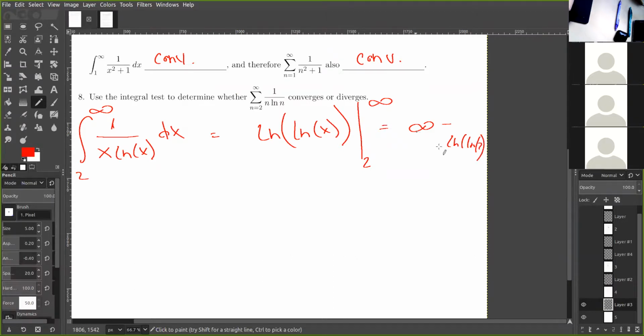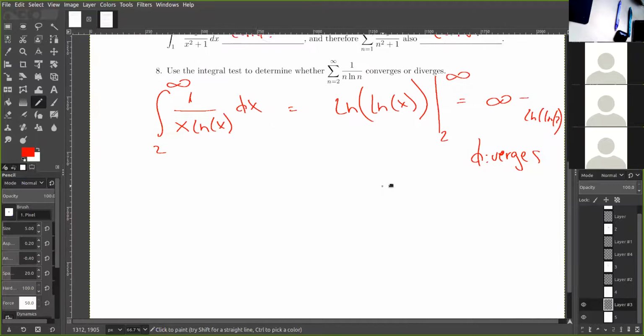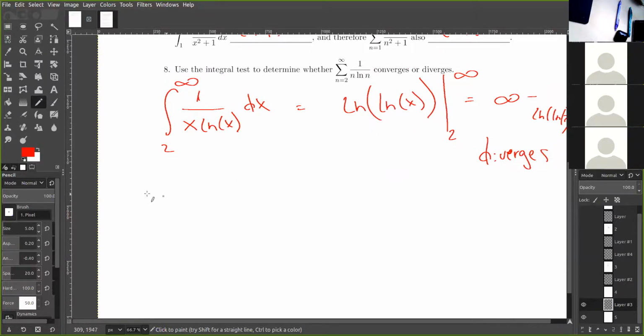So again, we have infinity minus a constant. So that'll give me an infinity. So I know the integral diverges, and we could say by the integral test, the sum will also diverge.